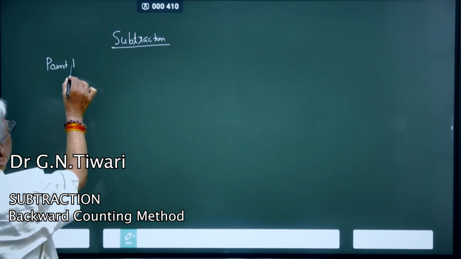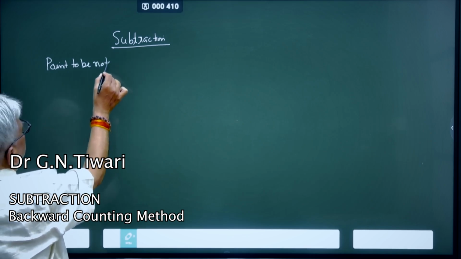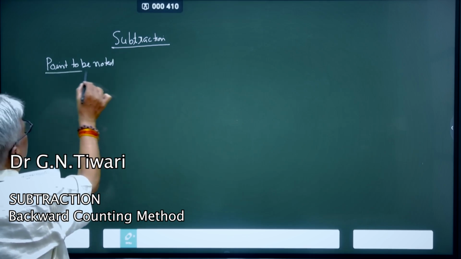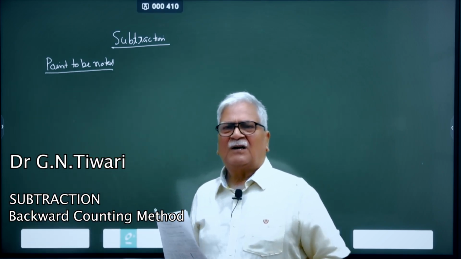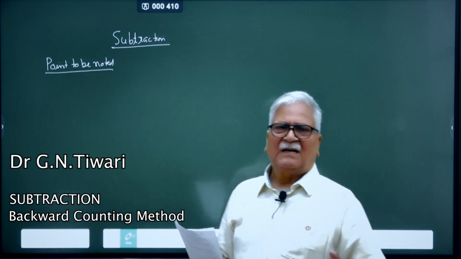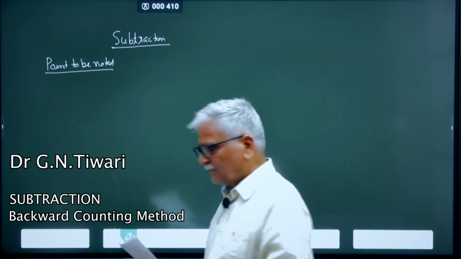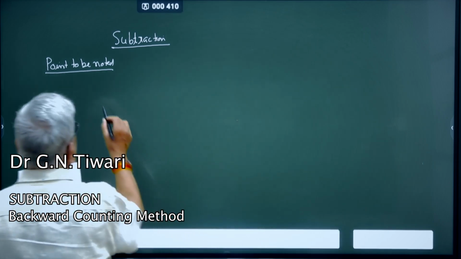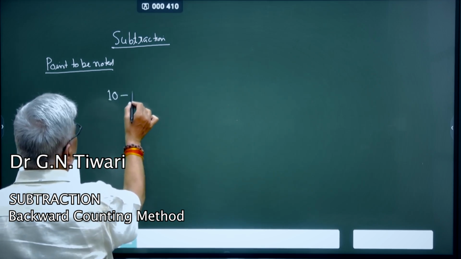Point to be noted. Why am I saying point to be noted? Because not always am I going to repeat all these things. For example, suppose this is 10 minus 4.